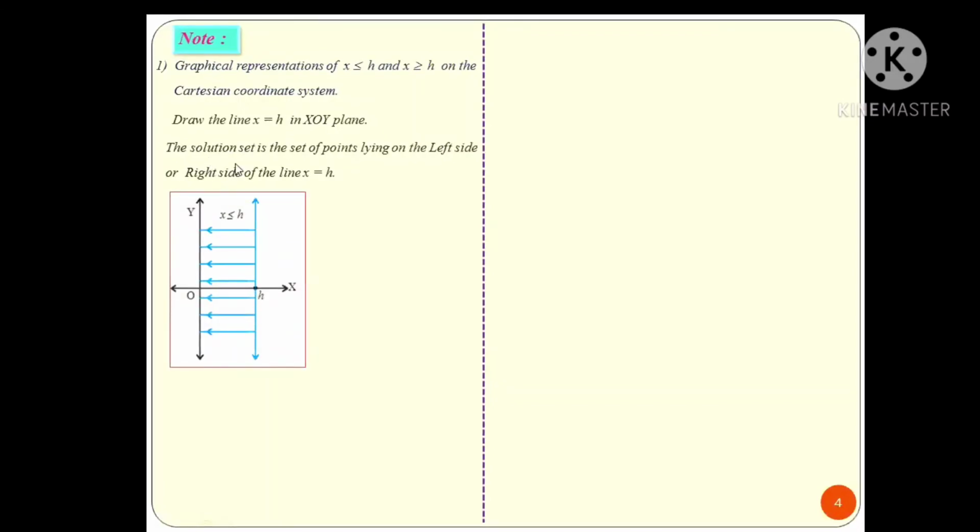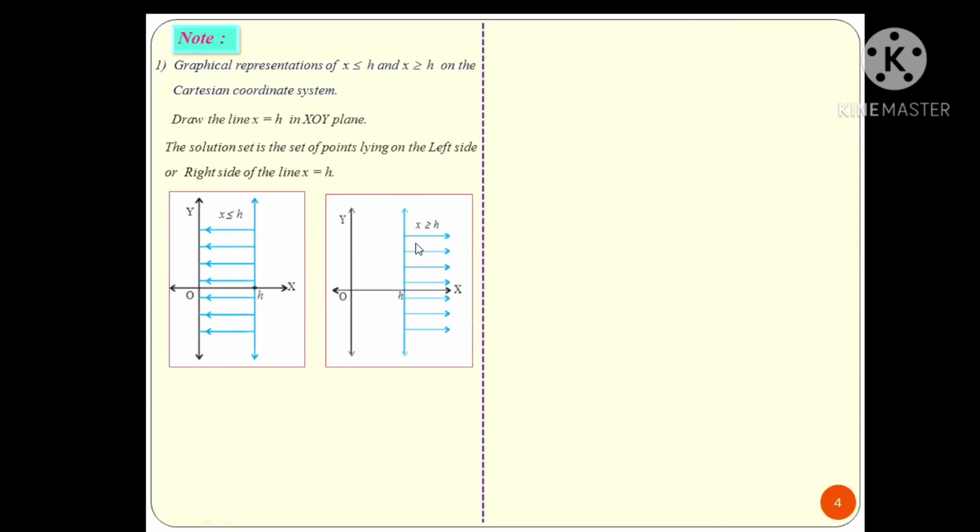The solution set is the set of points lying on the left-hand side or right-hand side of the line x is equal to h. This line x is equal to h, condition x less than or equal to h. Less than means the region will be towards the left-hand side from that line. And if you have greater than, then the region will be towards the right-hand side of the line.